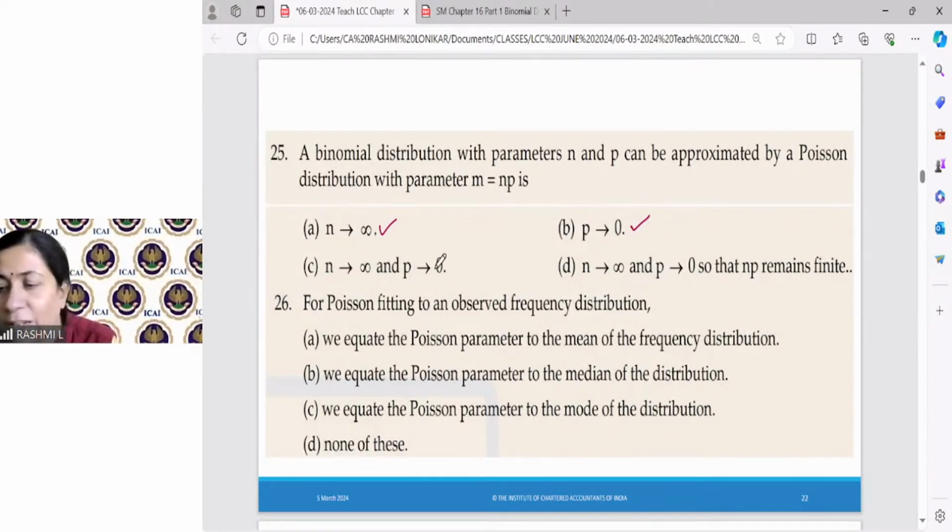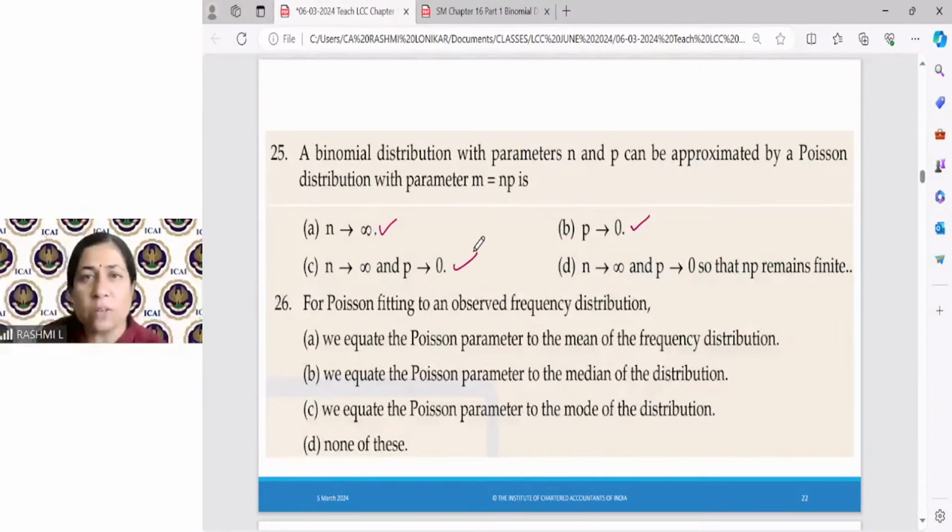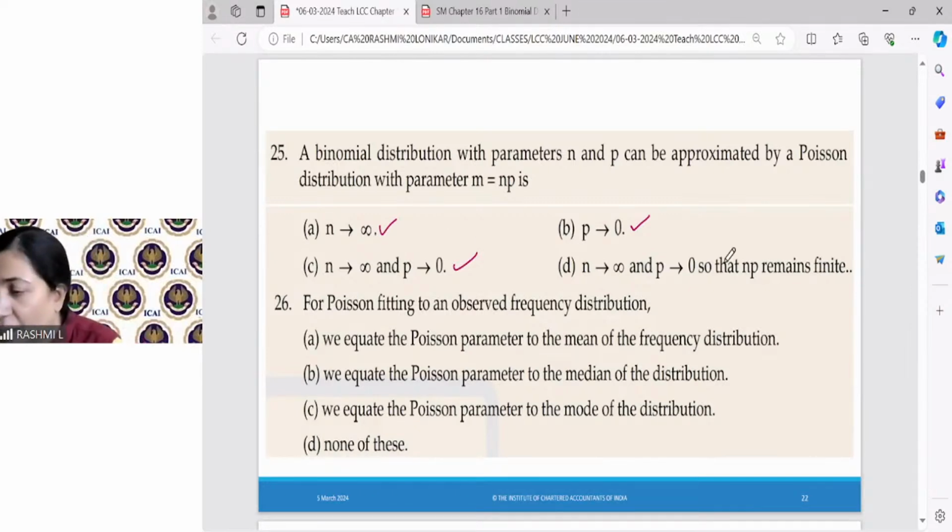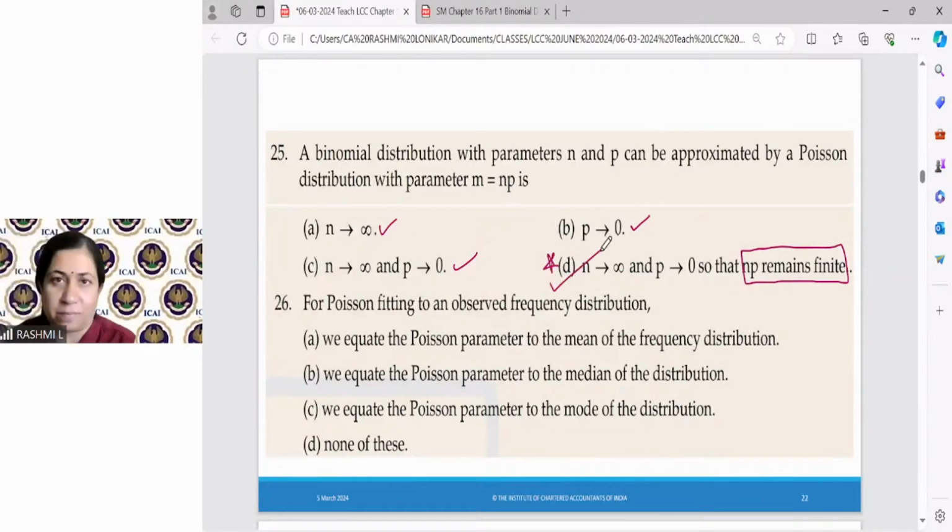N tending to infinity and P tending to 0, correct? Yes. We immediately go and answer yes, but read option D. N tends to infinity, P tends to 0, so that np remains finite. This is the correct answer. So, even though C is correct, it is incomplete. What is complete is D. D is giving you the correct answer.